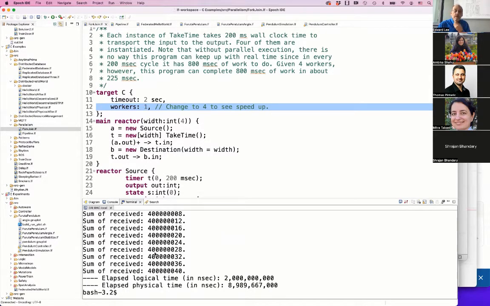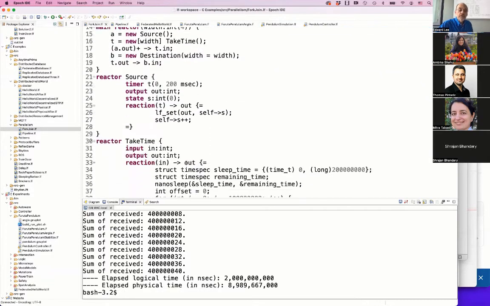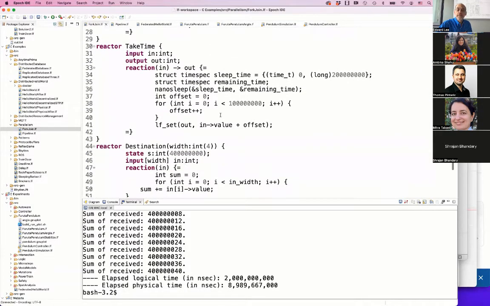So it took almost 9 seconds to do 2 seconds of logical time. And in fact, if you look closely at the code, you'll see that the take time is trying to take roughly 2 seconds for each execution of this function.